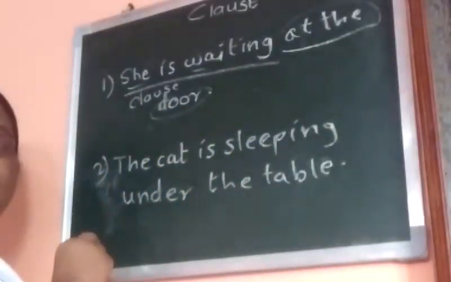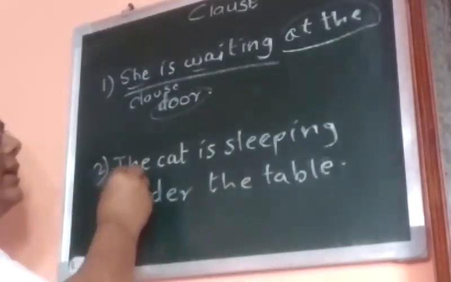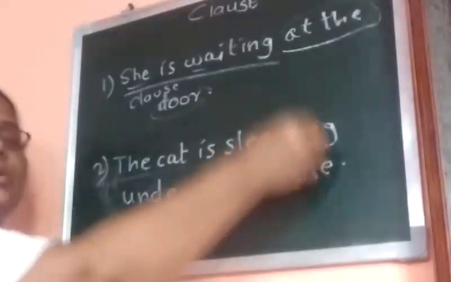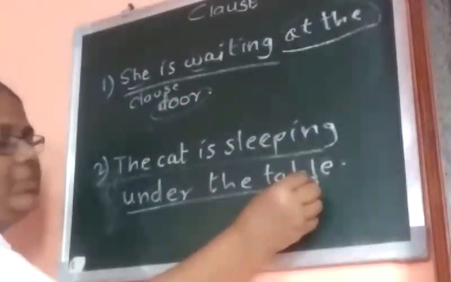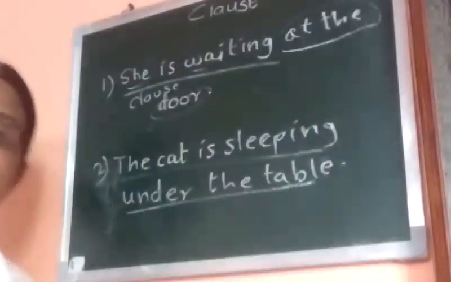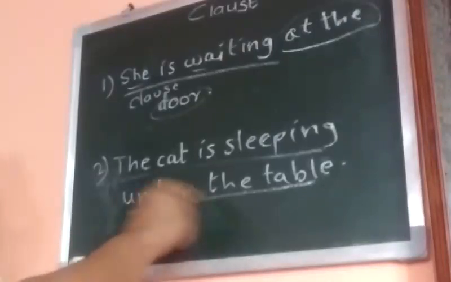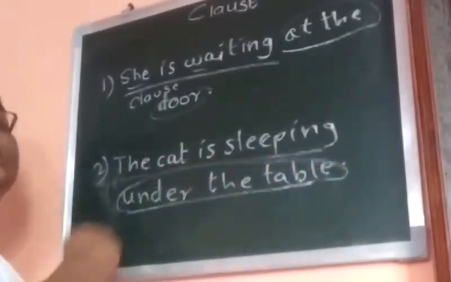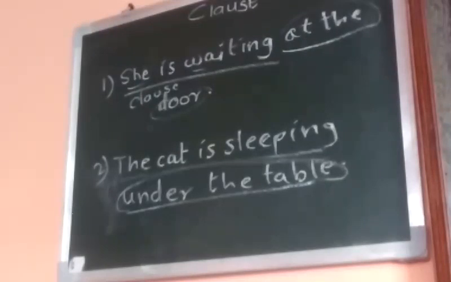So now guess, in the second sentence, the cat is sleeping is a clause and under the table is a phrase because it does not consist of subject and verb. More examples for phrases are on a table, under the tree, near a wall, on the roof, at the door.